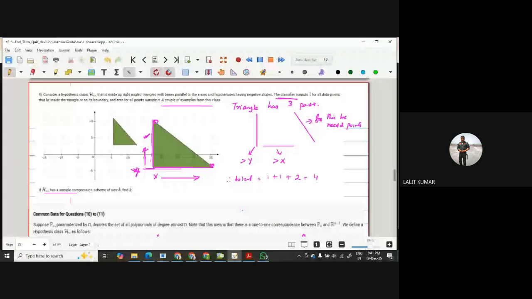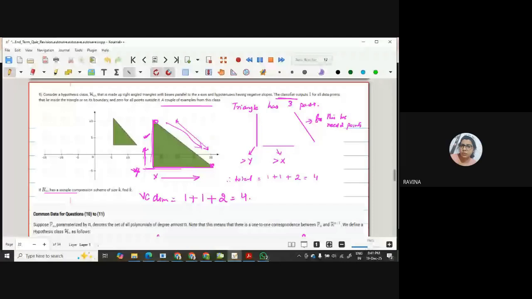This point, for example above y, and this is more than x, we can denote these two sides. For the slant, we need 2 points. So we get 1 plus 1 plus 2 from here. So this becomes 4, the compression ratio.